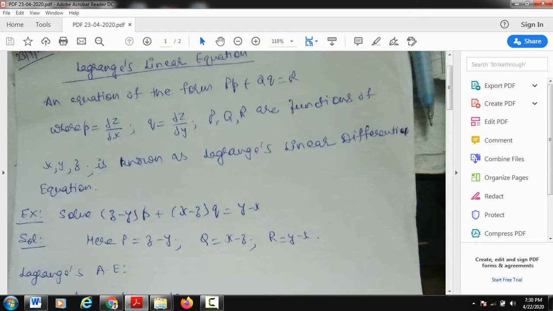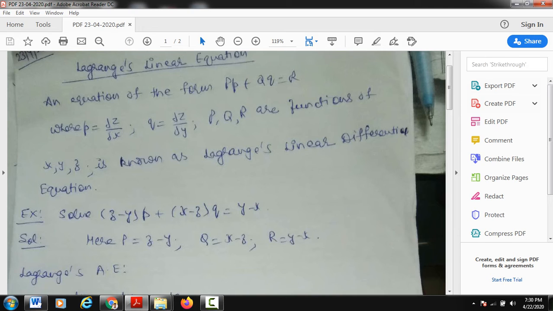Now this is the main trick here, where the whole question lies. Sometimes you simply solve the auxiliary equations at a time and get the solution directly by cancelling the variables or by separating the variables.